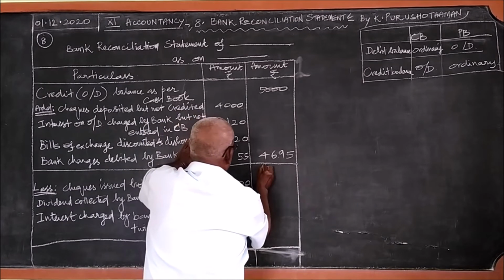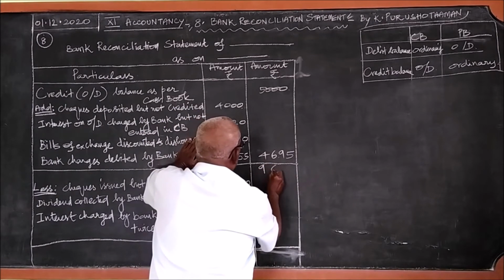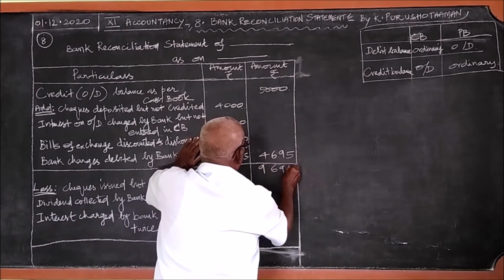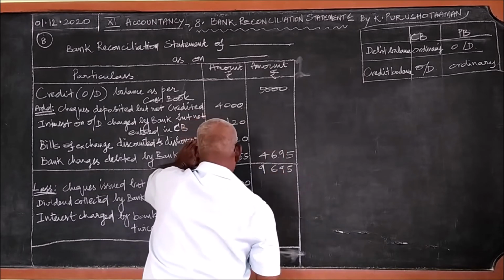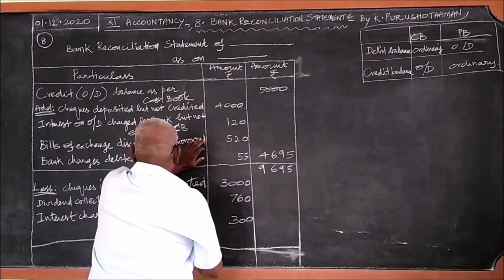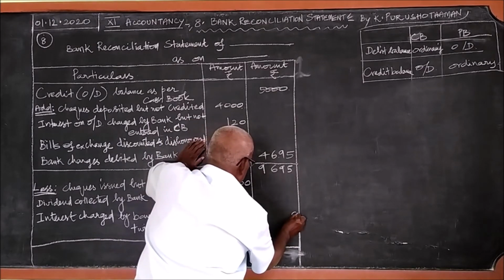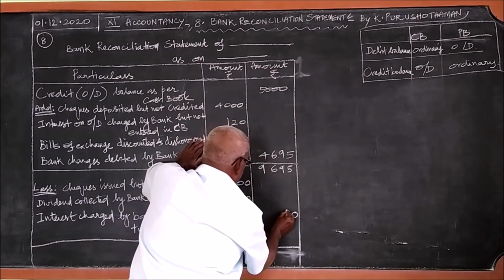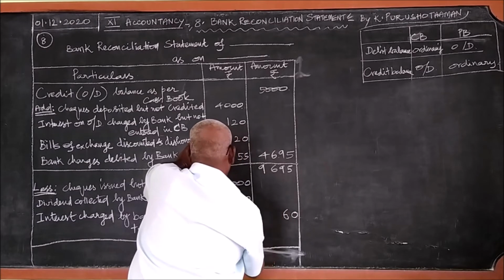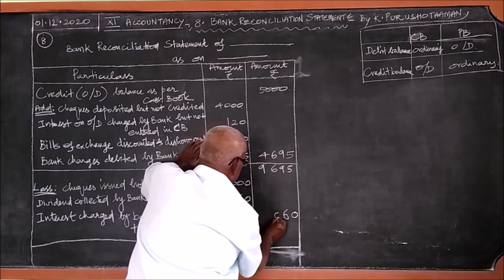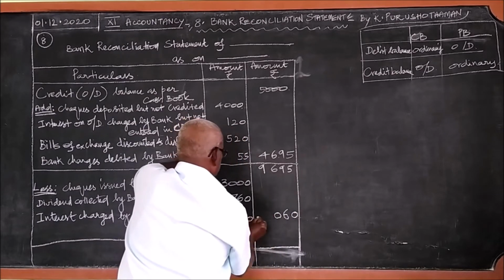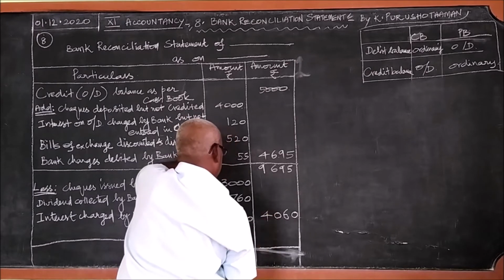Now we can add: this is 9,695 if we add these two. Then find the total of less: 0, 6, 7 plus 3, 10, 4.